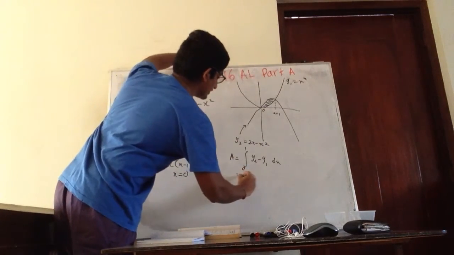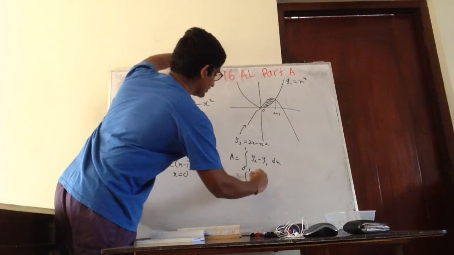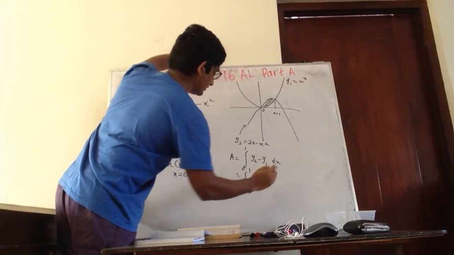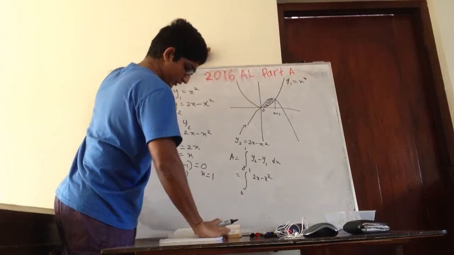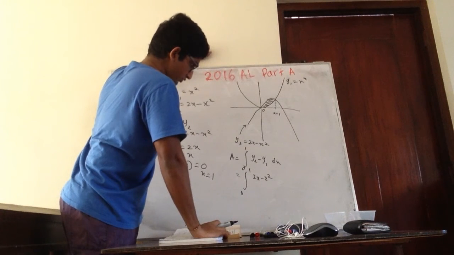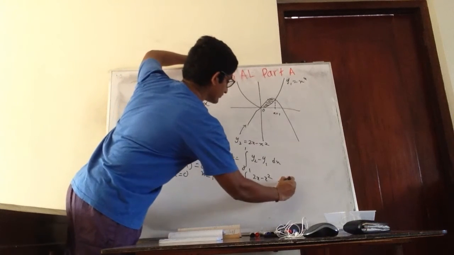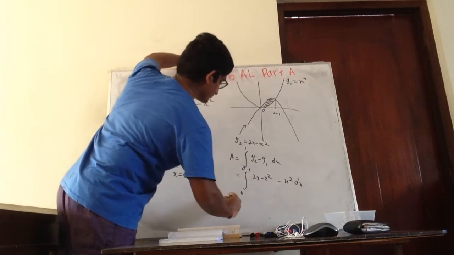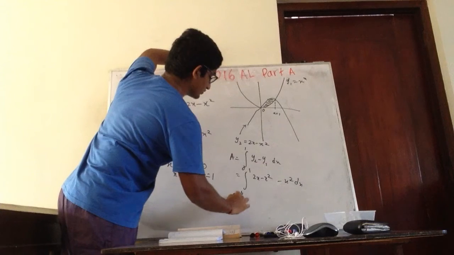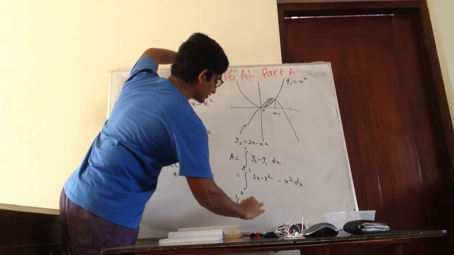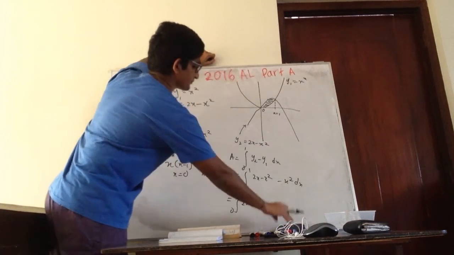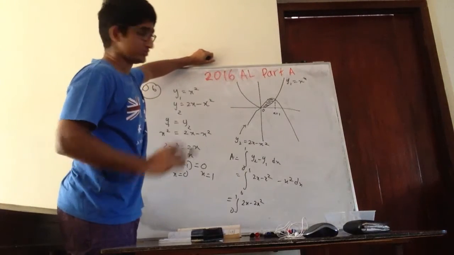So then here I will get the integral from 0 to 1 of 2x minus x square, minus x square, dx. So I will get 0 to 1, 2x minus 2x square. Correct, no?